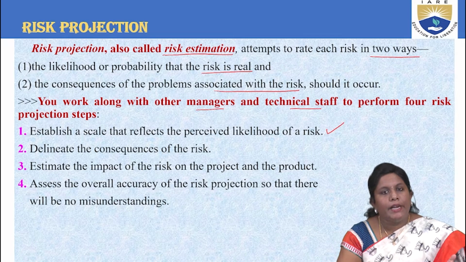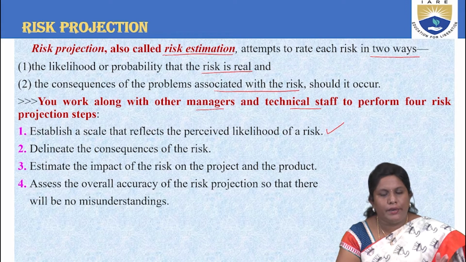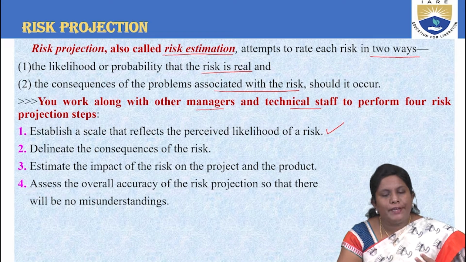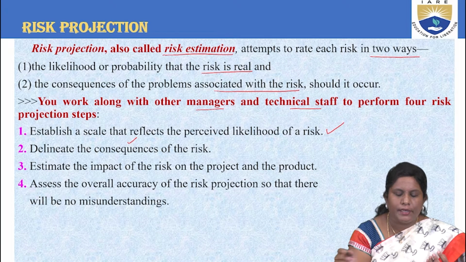That means create a scale ranging from 0 to 10, and whatever is likely to happen, put it on the scale. That is the first step that can be done by any technical staff or manager responsible for that particular project. Then try to find out the consequences of that particular risk.